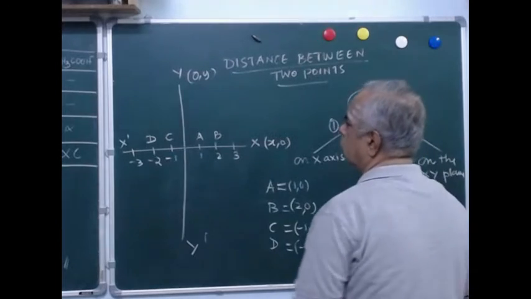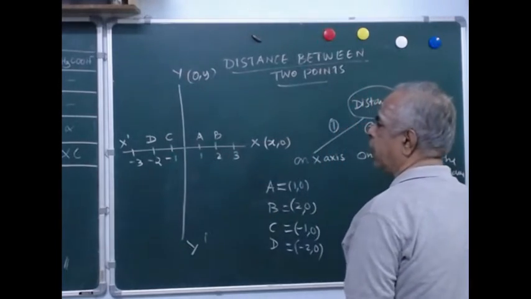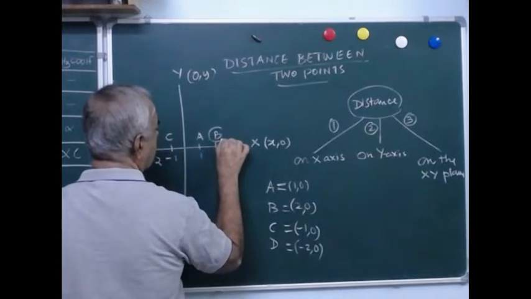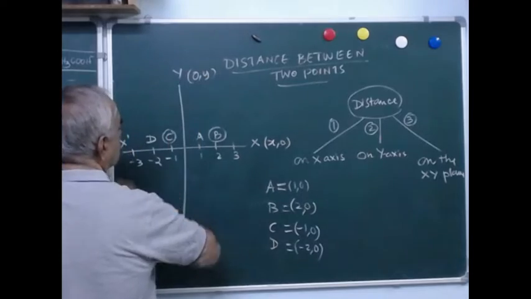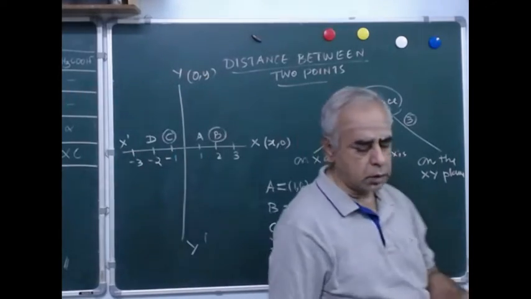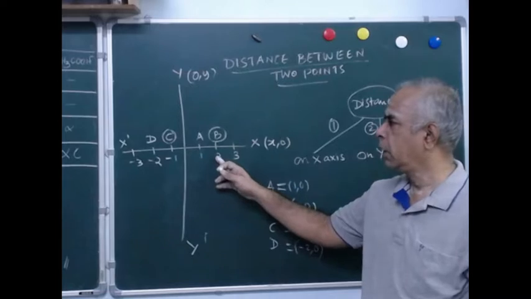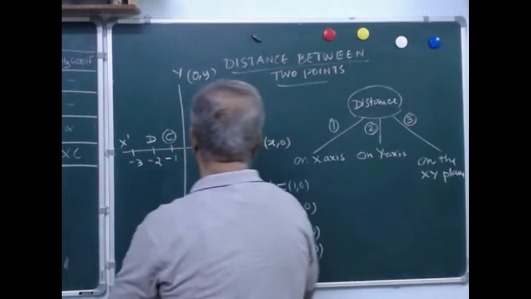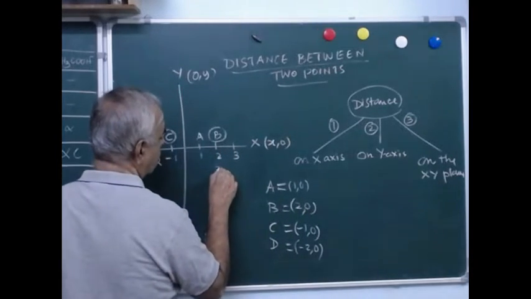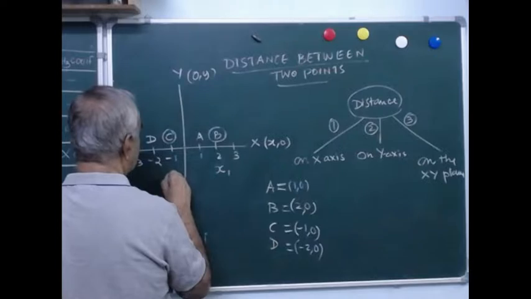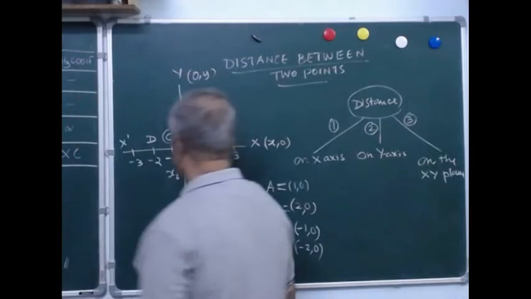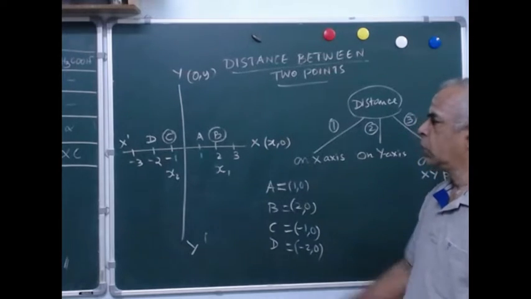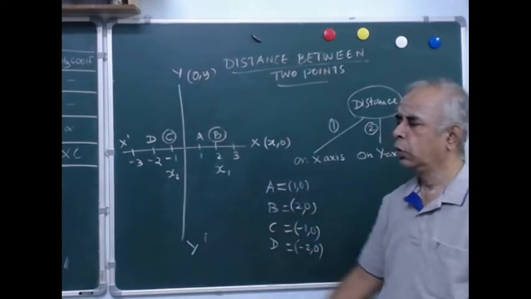Now, what is the distance between B and C? Let me target B and C. I want to calculate the distance between the point B and the point C. You can call this one x1 and this one x2.